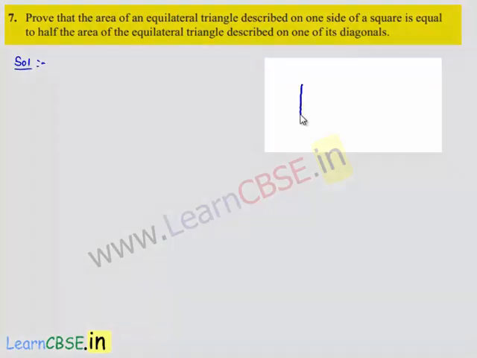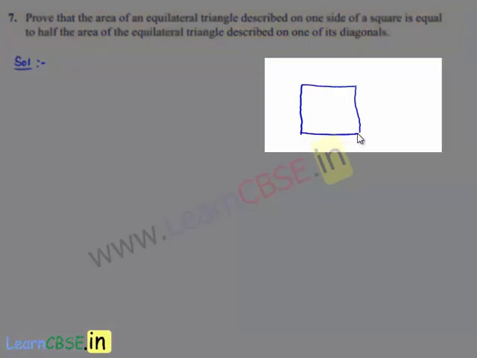Let us consider the square ABCD, and let the equilateral triangle described about the side be BCE, and let us assume that AC is the diagonal and the equilateral triangle described about it be ACF.